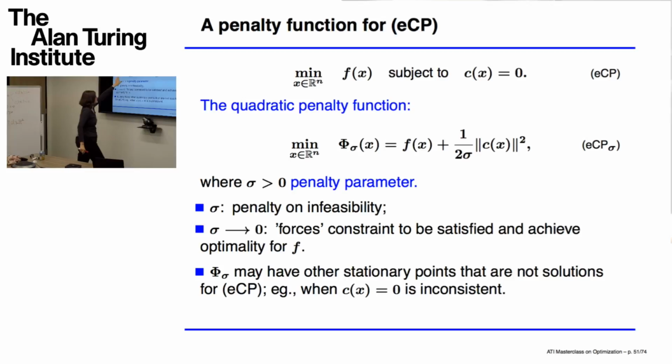So f and c are smooth functions, and I would like to maintain smoothness of this objective so that I can apply methods I've talked about before. So think of the Euclidean norm here; I have to square it to maintain smoothness. So sigma is a positive parameter.